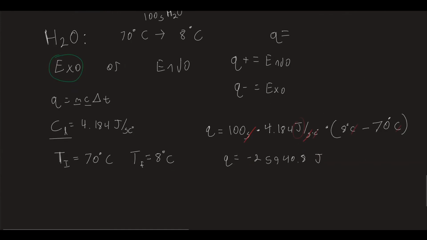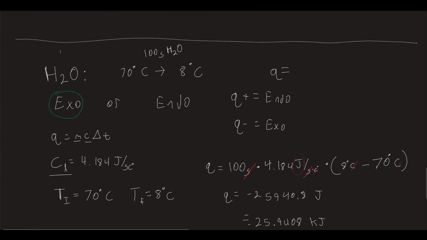If we want, we can convert this into kilojoules. We take this decimal and bring it 3 places to the left: 1, 2, 3. Negative 25.9408 kilojoules. And let's see for our significant figures. Even with a decimal point after the 100, it doesn't really matter.